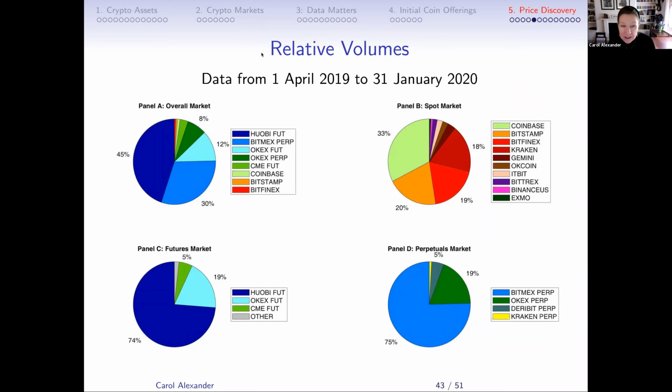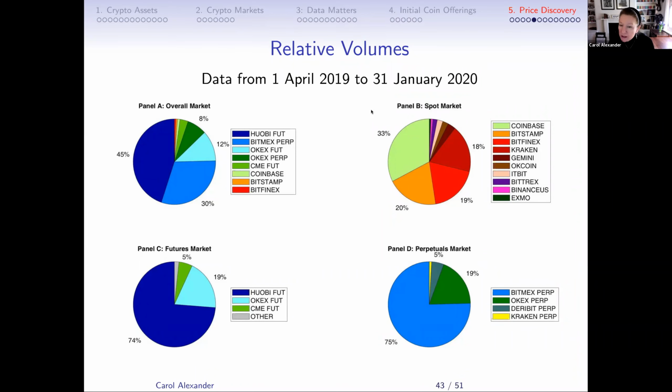Things have changed since then, but just to give you an idea of how much volume is overall over the entire data period, and we used high frequency minute level data, most of the trading was on the Huobi futures, followed by the BitMEX Perpetual, and then the OKEX futures and the OKEX Perpetual. Within the futures markets, beside Huobi and OKEX, there was a little bit on CME, but not very much.